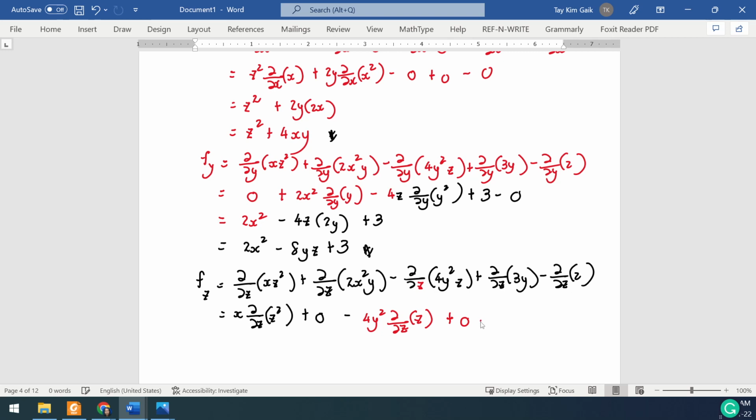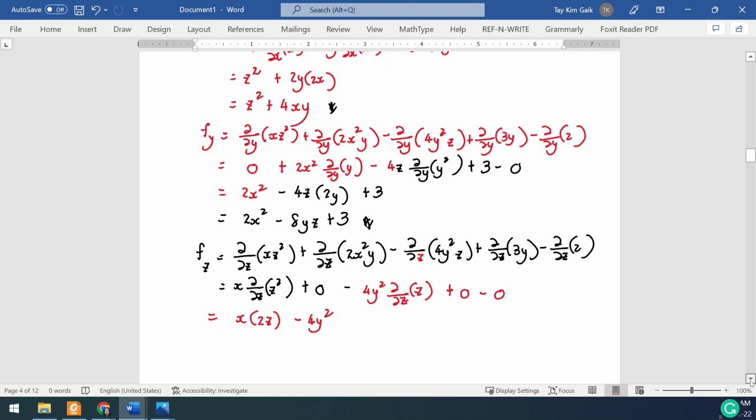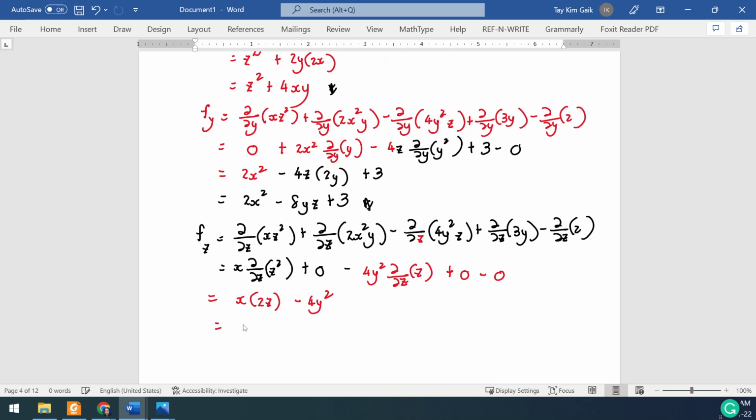That's why ∂/∂z of z squared, you have x, this is 2z. This one, ∂/∂z of z is 1, so minus 4y squared. Later on, you get 2xz minus 4y squared.